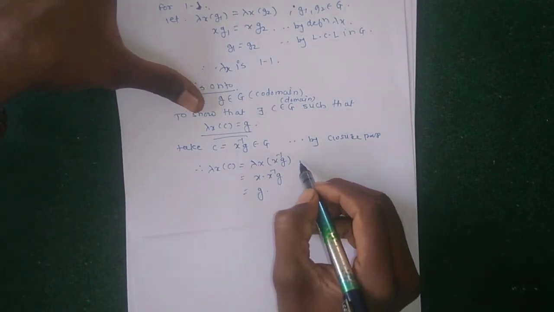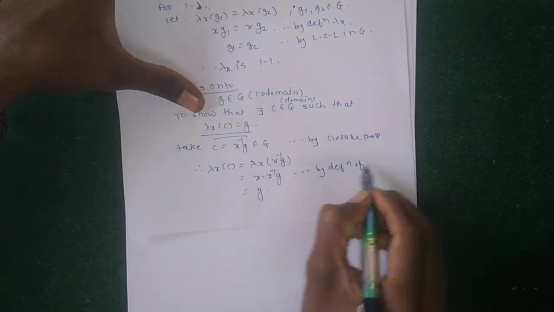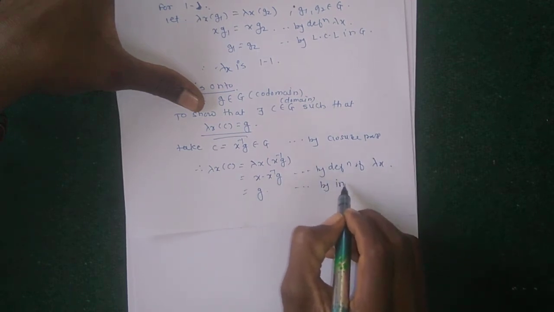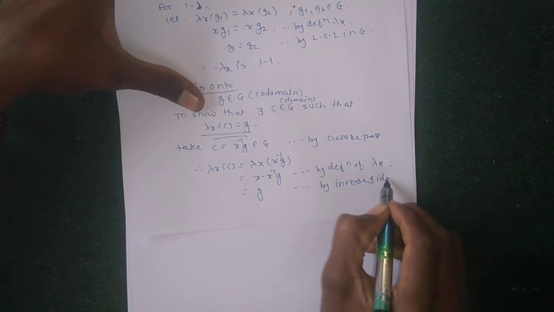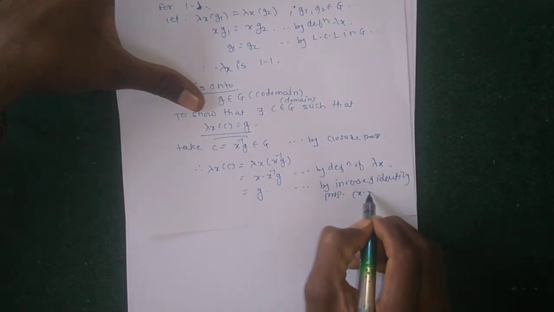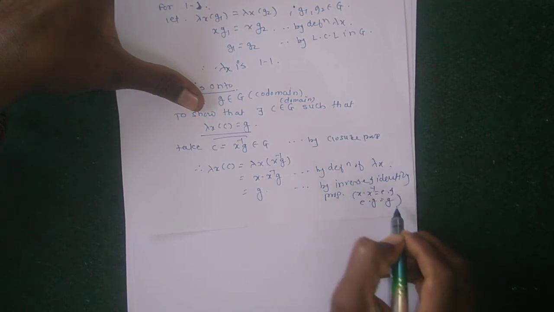Here, by the definition of lambda x, and here by the inverse and identity property: x into x inverse equals identity, and identity into g equals g itself.